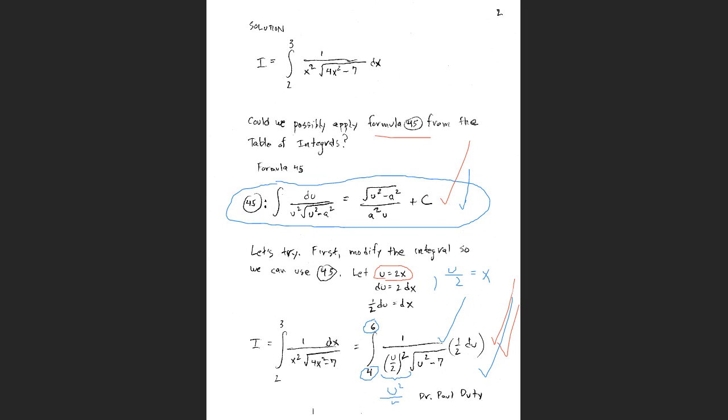So of course, we want to try to apply the formula. And so there's some nuisance stuff here, right? Like the 1/2, that's kind of a nuisance. That isn't in this formula up here.